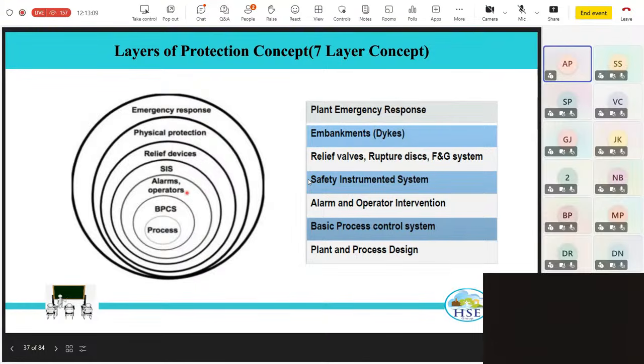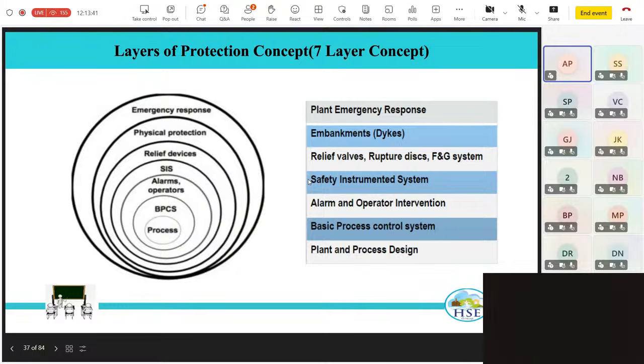In that case, if the deviation is caused by something not normal, it may deviate further and ultimately you may pass the high temperature limit or high pressure limit also. At that time, you cannot allow any further deviation. So what do you have to do? There you install a safety instrumented system or safety instrumented function.